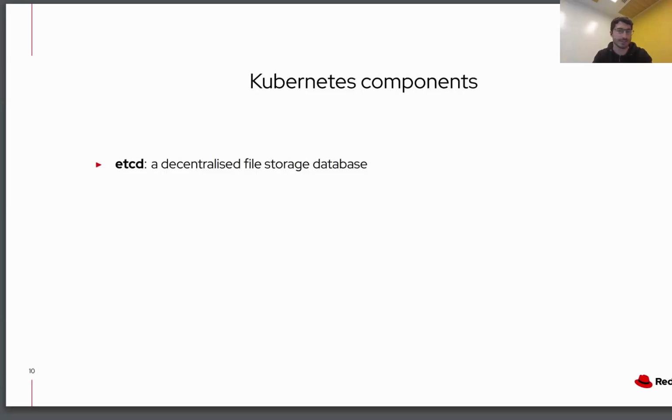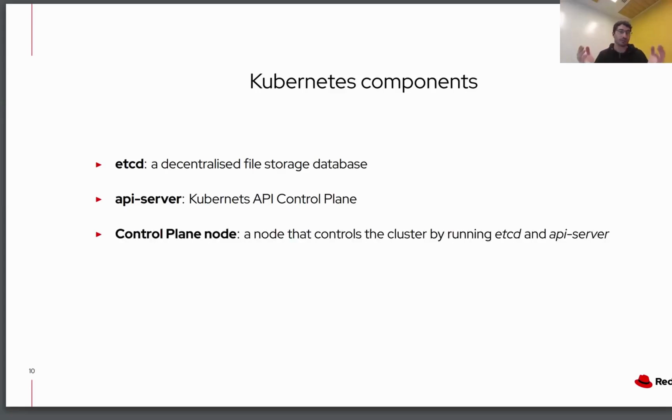So there are a few Kubernetes components. Basically, there is a decentralized storage database in the center of Kubernetes. There is an API server, which is a control plane API that simply queries the etcd database and potentially modifies its state. A control plane node is simply any node that executes an API server and etcd.